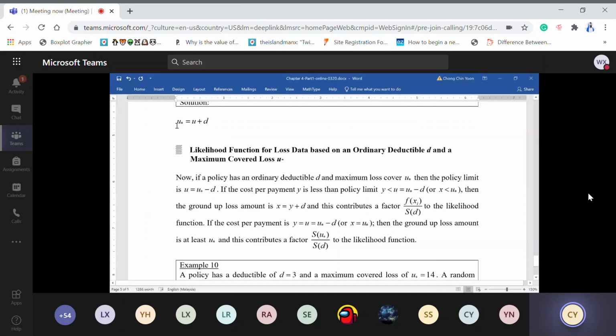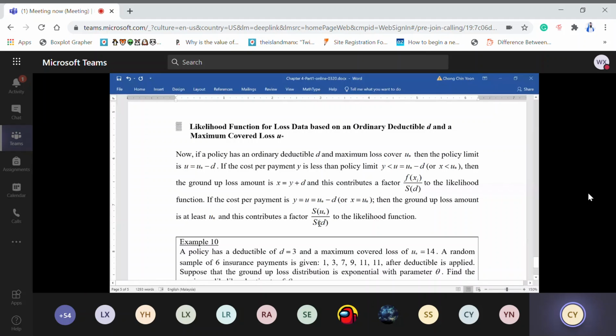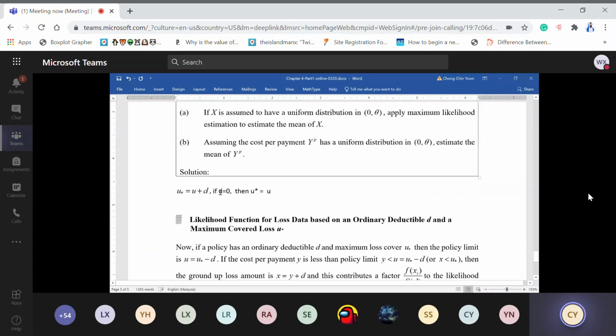Okay, so the maximum covered loss is U plus D, that is, the loss limit plus the deductible. If your deductible is 0, then U star is equal to U. So if you don't have a deductible, then your U star is U, right?